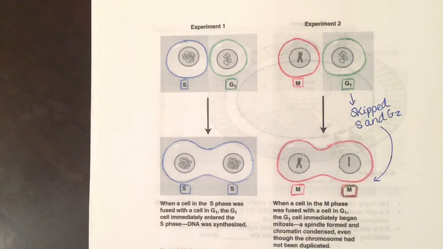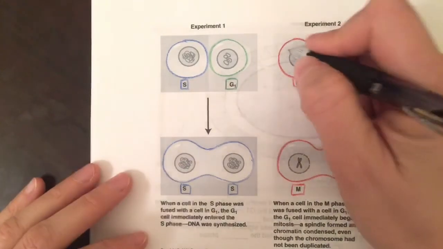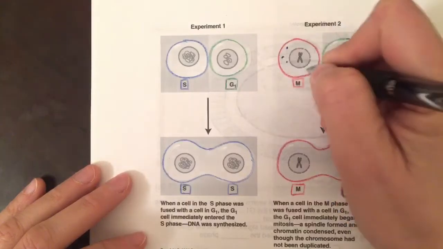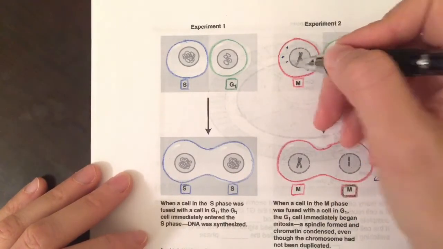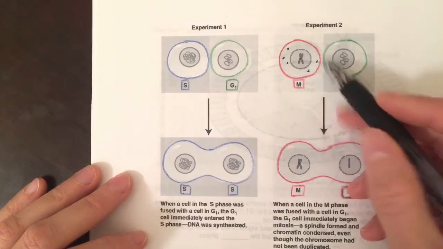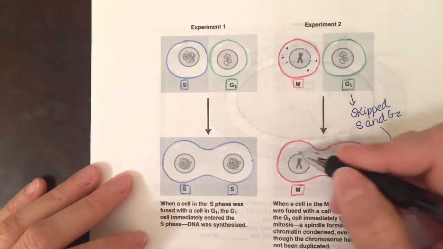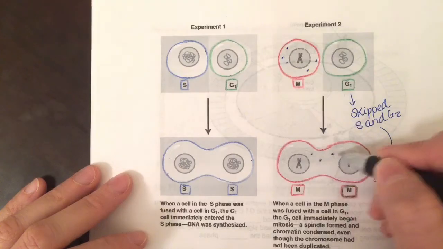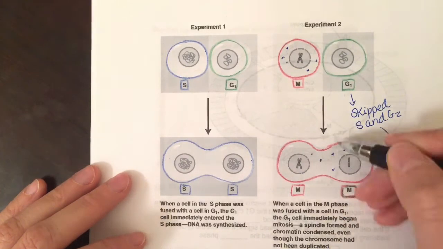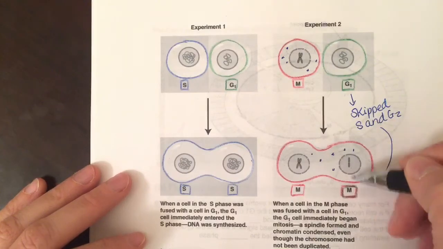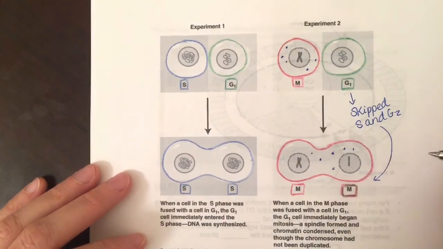Thinking about what we talked about a few minutes ago, that the cell cycle appears to be driven by specific chemical signals, there were certain chemical signals in the cell that triggered it to be in the M phase, so that when they fused together, those chemical signals diffused, and this cell then behaved as if it was in the M phase because it had those particular chemicals.